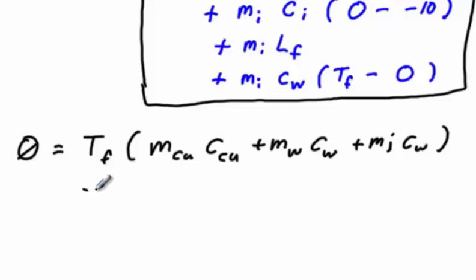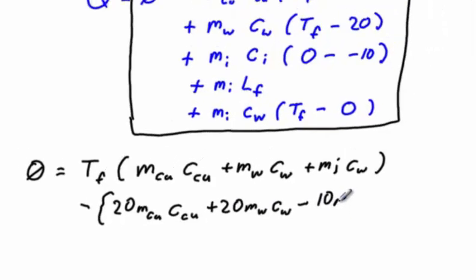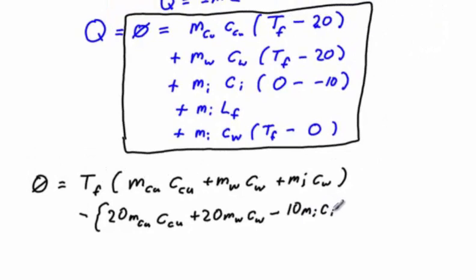And with a little bit of foresight of the fact that I'm going to need to move this term to the left-hand side of the equation, I'm going to factor out a minus sign so that I have the following set of quantities. I'll have 20 times the mass of copper times the specific heat of copper, plus another 20 times the mass of water times the specific heat of water, minus 10 times the mass of ice times the specific heat of the ice, minus the mass of the ice times the latent heat of fusion, and that's all.